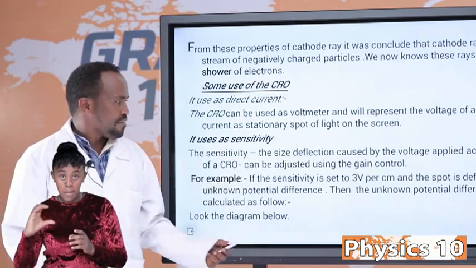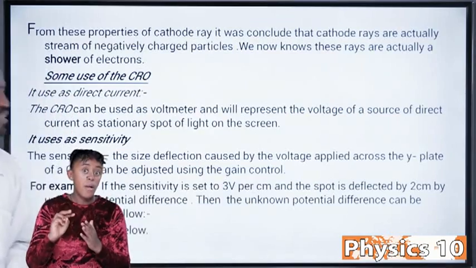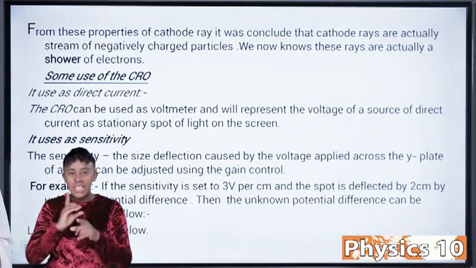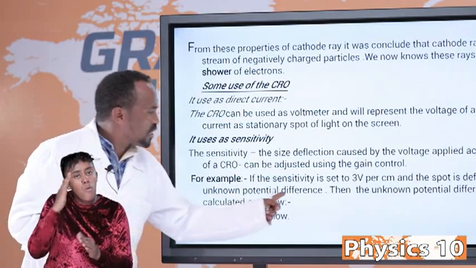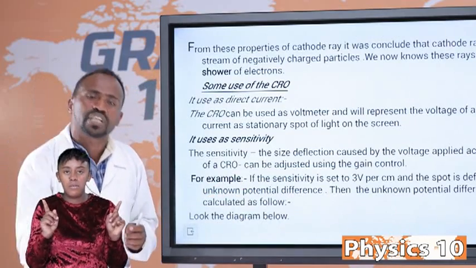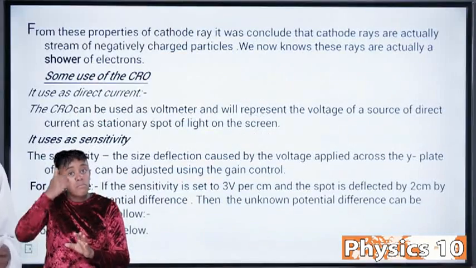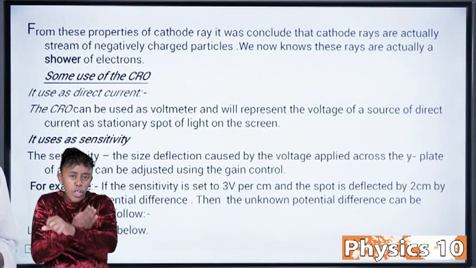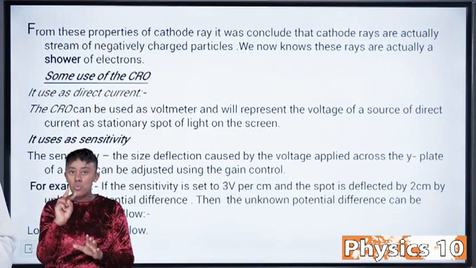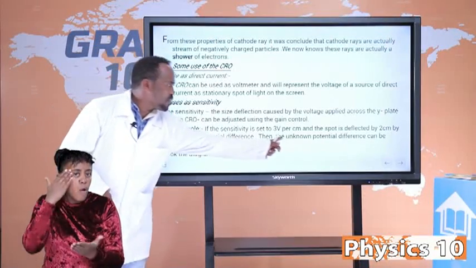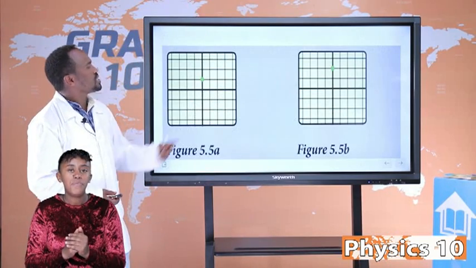Students, if the sensitivity is set to 3 volts per centimeter and the spot is deflected by 2 centimeters, then there is an unknown potential difference. We don't know the potential difference that displaces the spot by 2 centimeters. Our aim is to calculate the value of that potential. So the unknown potential difference can be calculated as follows. Look at the diagram.